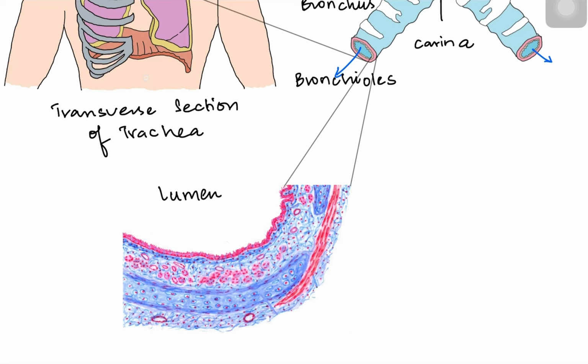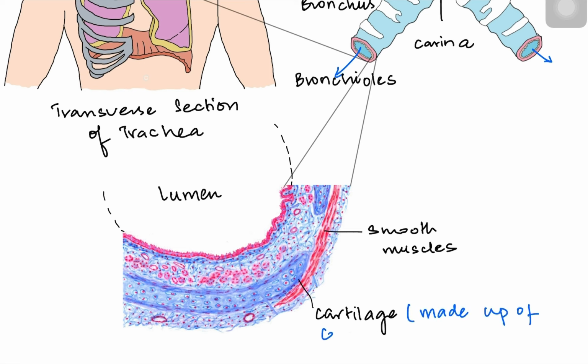So the inside is the lumen. This is the cut section. So the inside is the lumen from where the air passes. What about the other structures? So we've got these smooth muscles around the trachea, which control the overall lumen. Muscles can contract and relax. You can see this dark blue region, which is the cartilage.